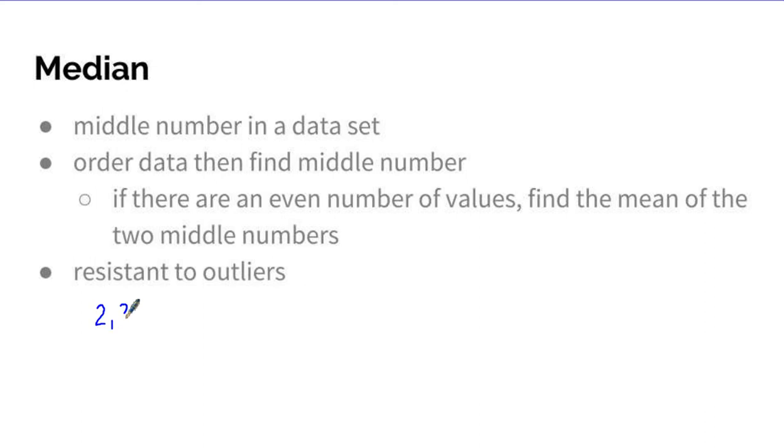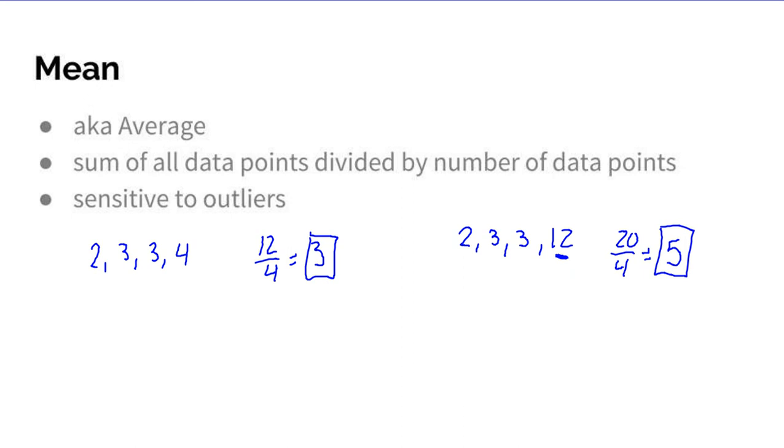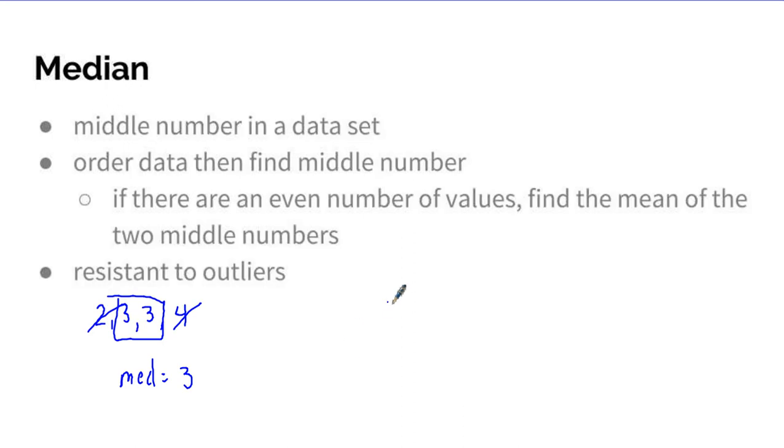So let's take those same 2 sets of data. So if I have 2, 3, 3, 4, if I'm going to find the median, it would be the average of 3 and 3, which means my median would be 3, just like the mean in that first set was 3. But now, if we change the last number and make it an outlier, because 12 is way bigger than 4 and the rest of the numbers, now if I find the median, it's still 3.